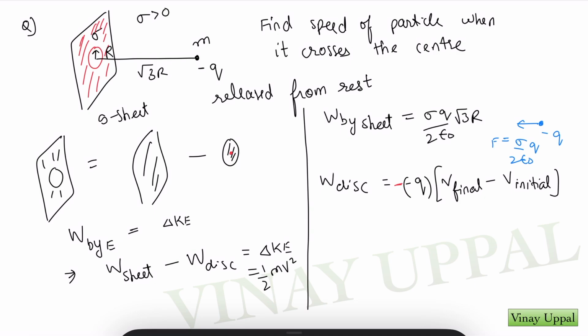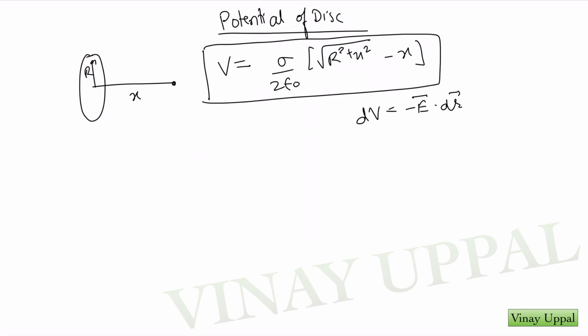Alright, so what is the final potential? For the final potential I'll have x equal to 0, because the particle will be at the center of the circle. If I look at the formula for the potential of the disk that we got and substitute x equal to 0, I'll simply get sigma by 2 epsilon naught times r. This will be the final potential.